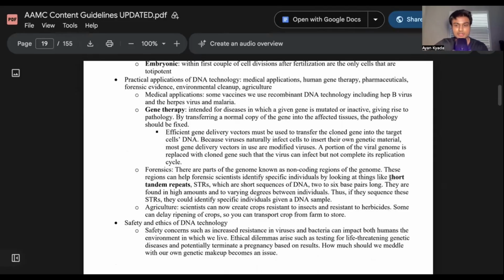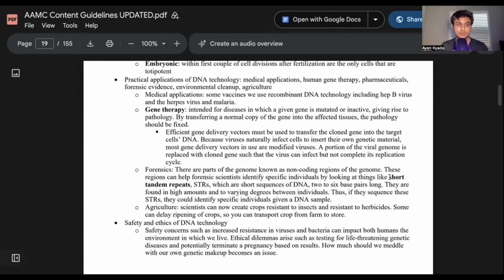I do want to cover short tandem repeats, which are just short sequences of DNA, like 1 to 6 base pairs, and they're essentially like fingerprints. They are very unique and very specific to a particular person's DNA. And short tandem repeats are a big component of how things like paternity testing is determined.